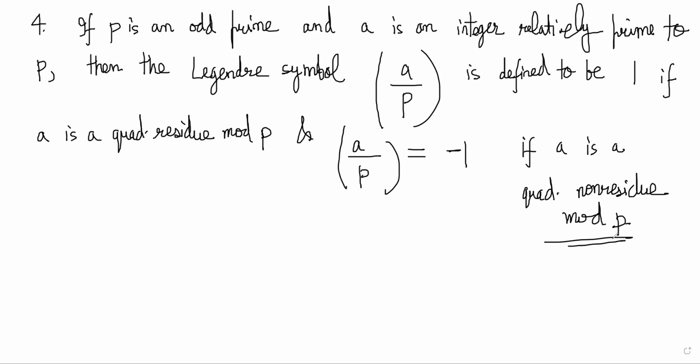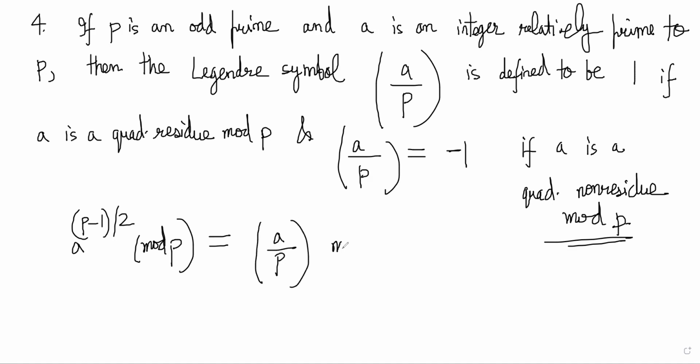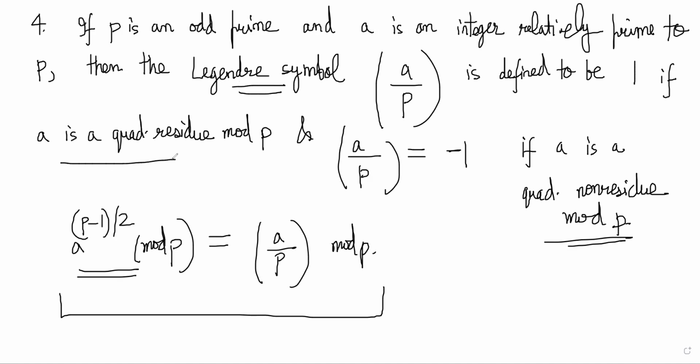Right? And now we will apply Euler's criterion to this. So we will be able to say that the Legendre symbol should be equal to a power (p minus 1)/2 mod p. Because Euler's criterion is saying that this is 1 if it's a quadratic residue, and we have defined the Legendre symbol to be 1 if it is a quadratic residue.